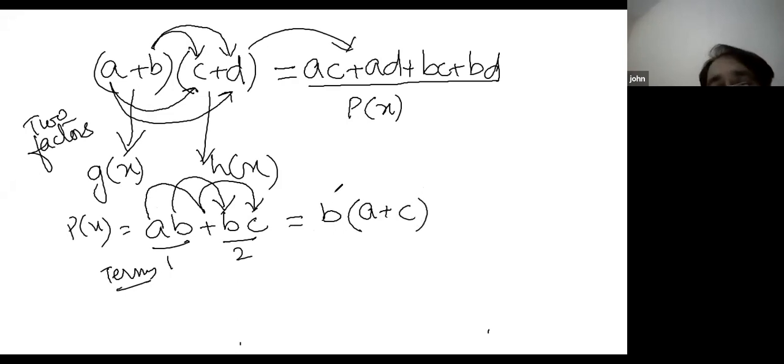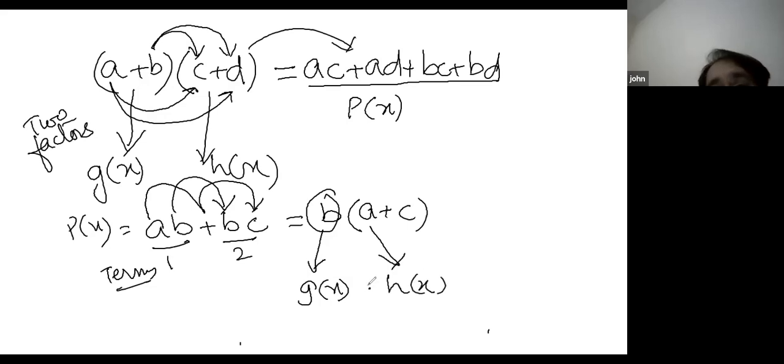Now again, this factor is known as G of X, and this whole factor is known as H of X. It means from one polynomial, we have changed into two different factors.